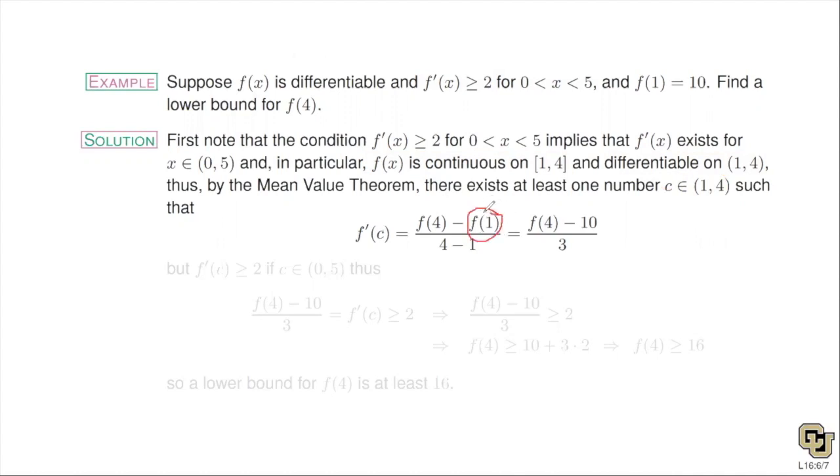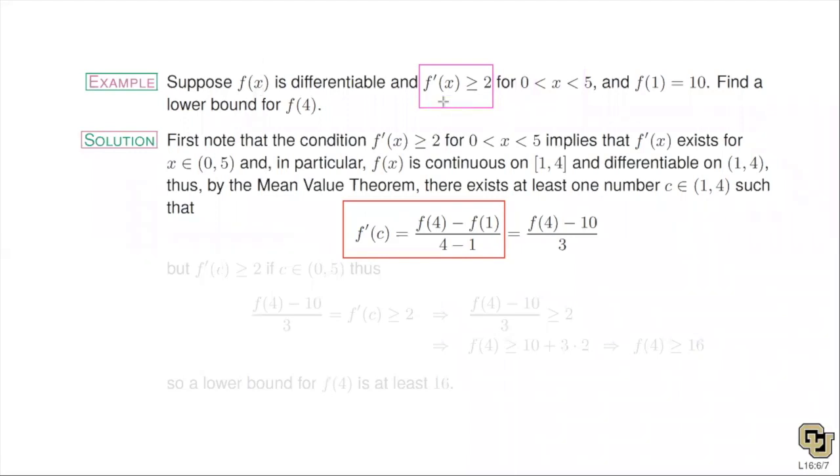And they gave us information about f of 1, so I can plug that in. Now the mean value theorem, the whole reason we used it, is because now we have a bridge between the function and the derivative. So look here, we have f of 4 minus f of 1 over 4 minus 1 equals f prime of c. But we also know f prime is going to be greater than or equal to 2.